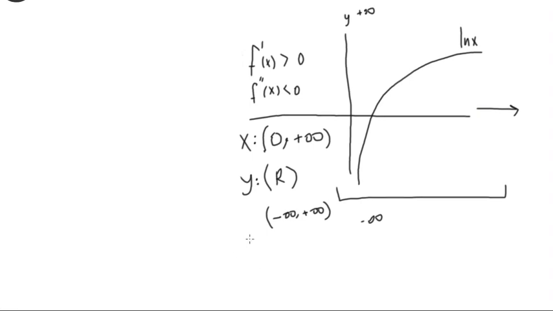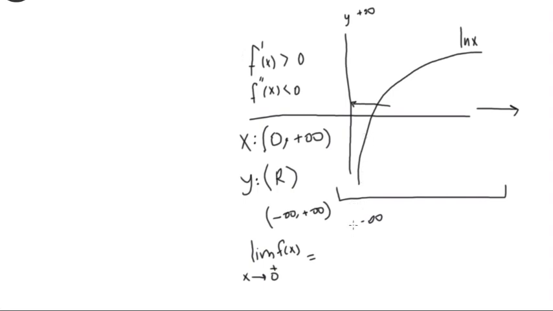For the limit, when we try to take the limit of f(x), which is ln x, when x approaches 0 from the positive side, we know that the value would be negative infinity.